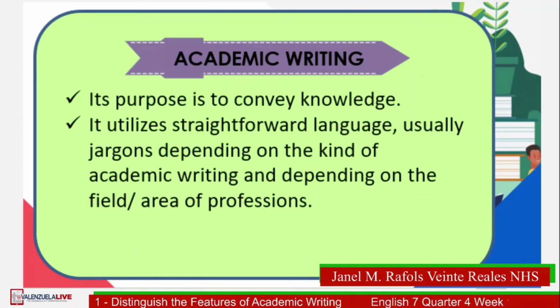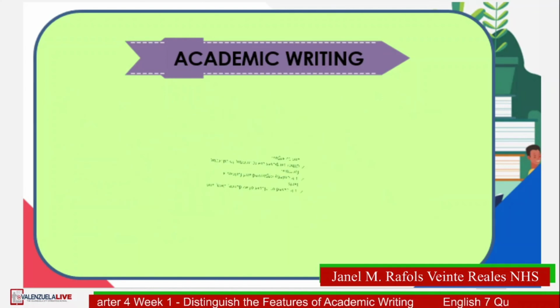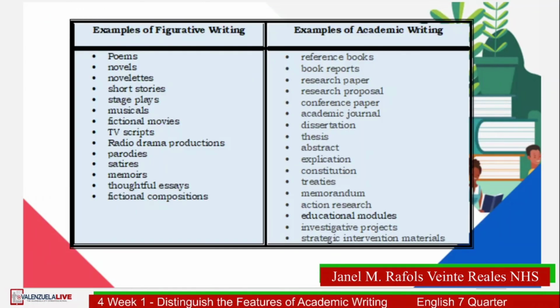It utilizes straightforward language, usually jargons, depending on the kind of academic writing and depending on the field or area of professions. It is based on pieces of evidence, data, and facts. It is orderly organized and follows a formula. Other purposes are to inform, educate, and to argue.